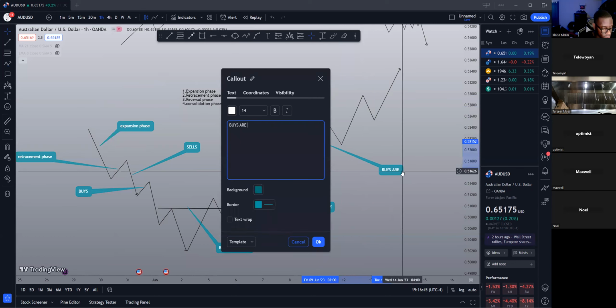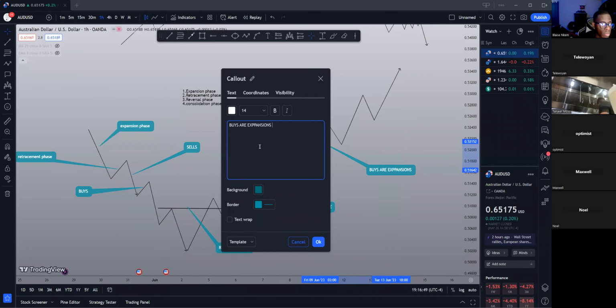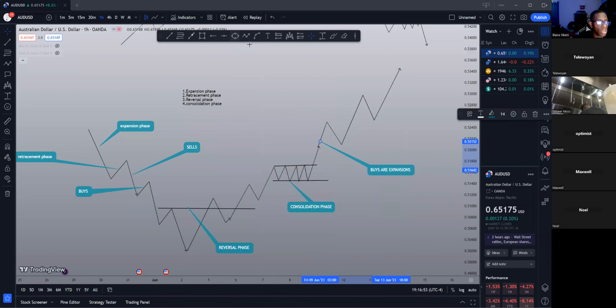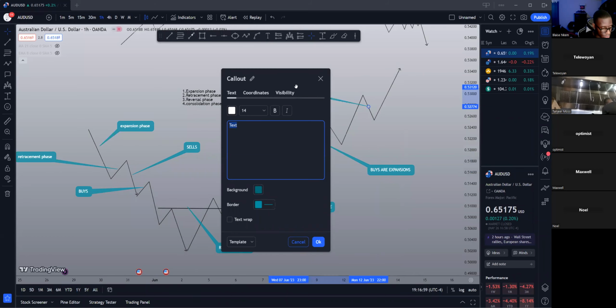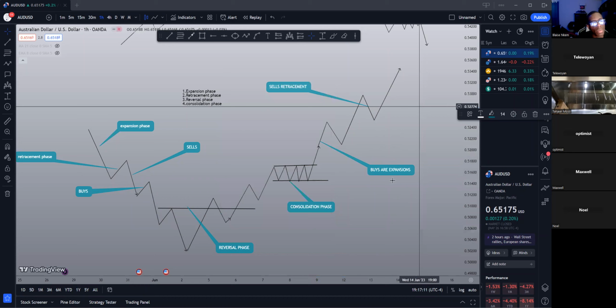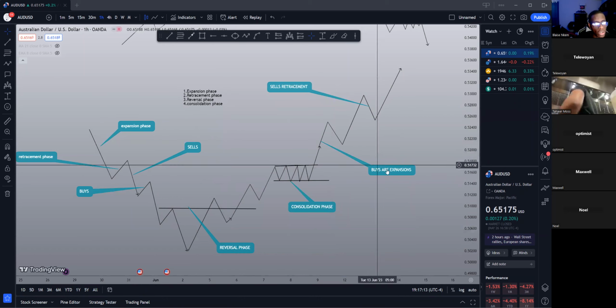Buys are expansions, while sells are retracement. Sells retracement. Buys expansion, sells retracement.